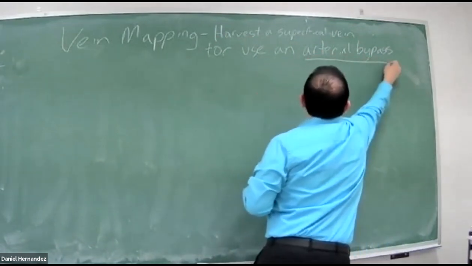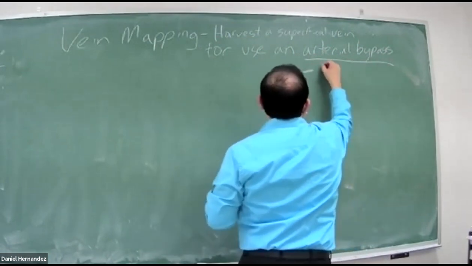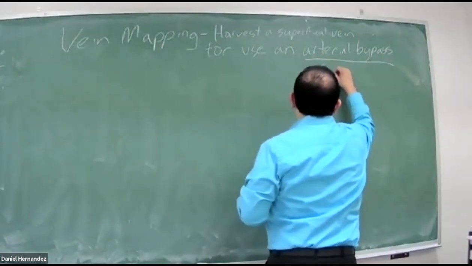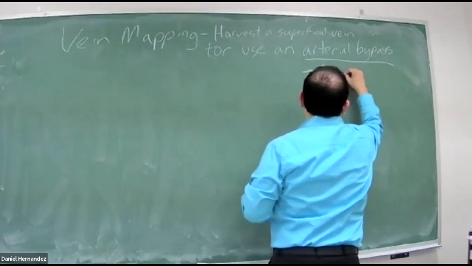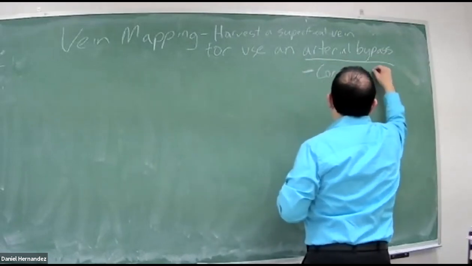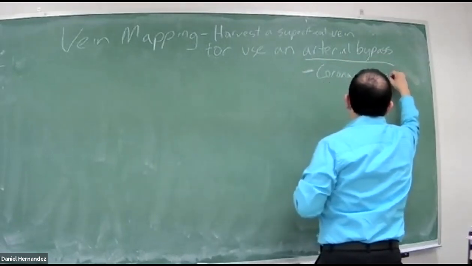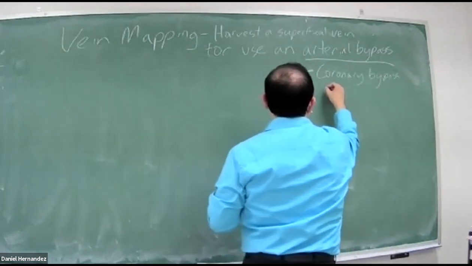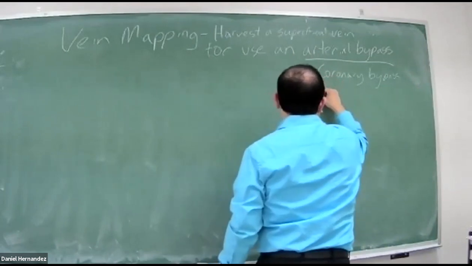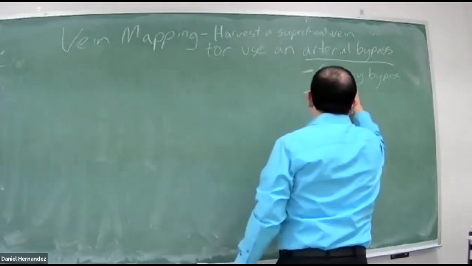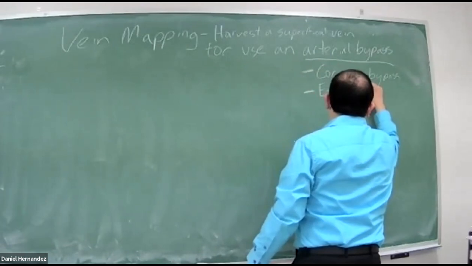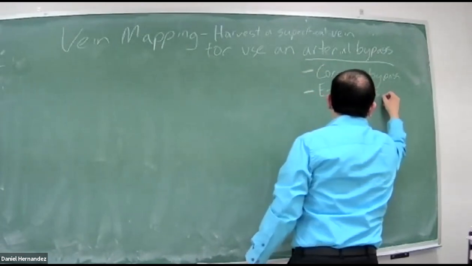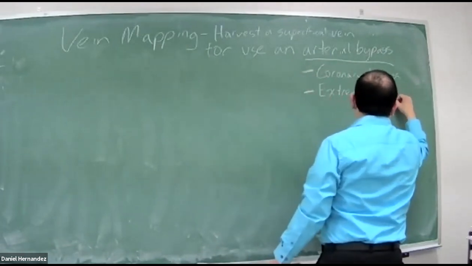So for an arterial bypass, that could be coronary, so in the heart, coronary bypass, or it could also be in the extremities, typically lower.